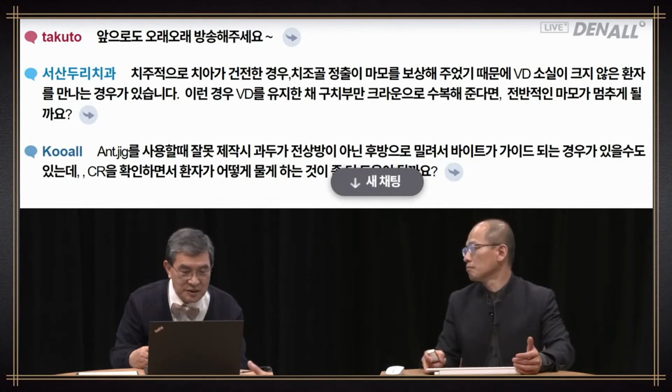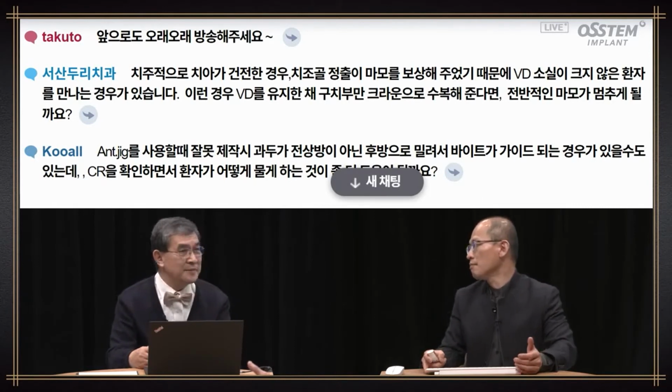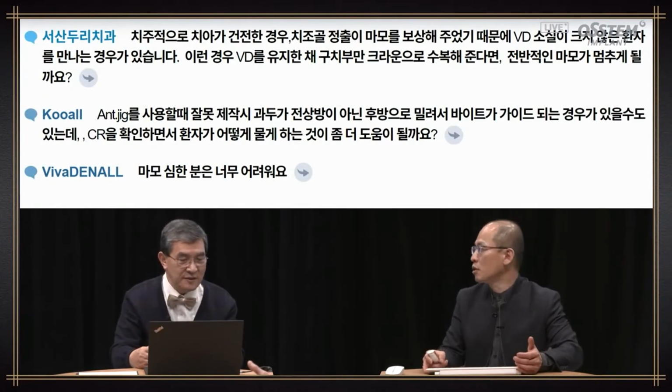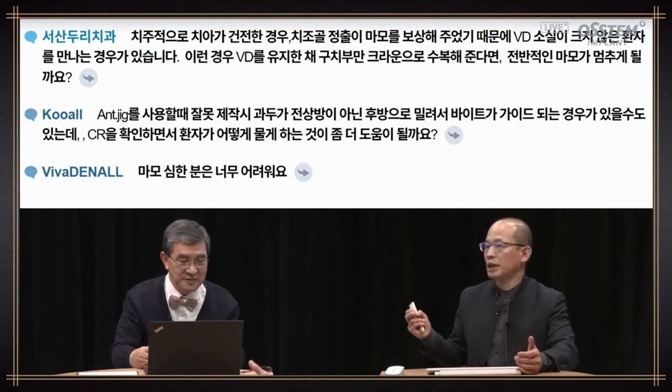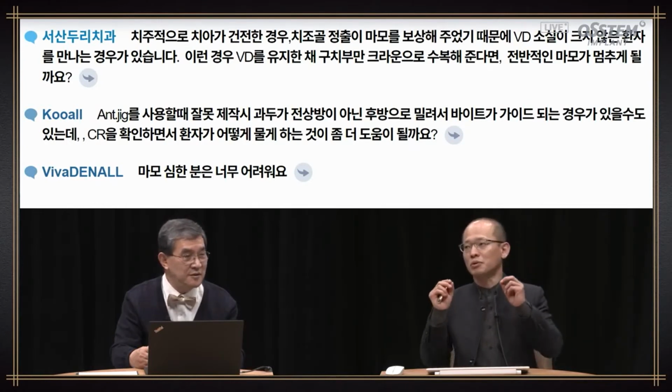So in checking the CR, what is the best way for the patient to bite? I think the question is related to CR. It's based on the doctor's experience, and I also have that experience. In principle, anatomically, if you take a panorama picture, 3D-wise, the space and soft tissue make it difficult to make correct determinations.